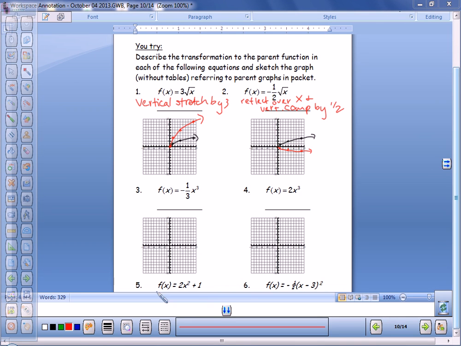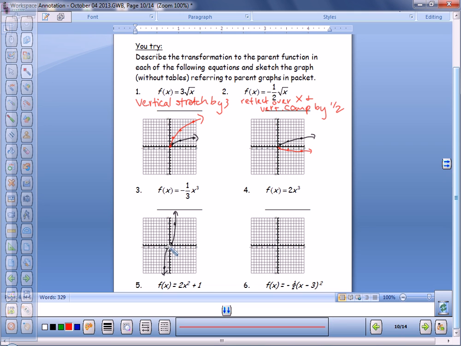Okay, let's take a look at 3 and 4. Number 3 is the cubic function, and here is your parent graph. It goes up and swoosh right through. But this time we're going to multiply by -1/3, so it's going to flip it and make it even closer.